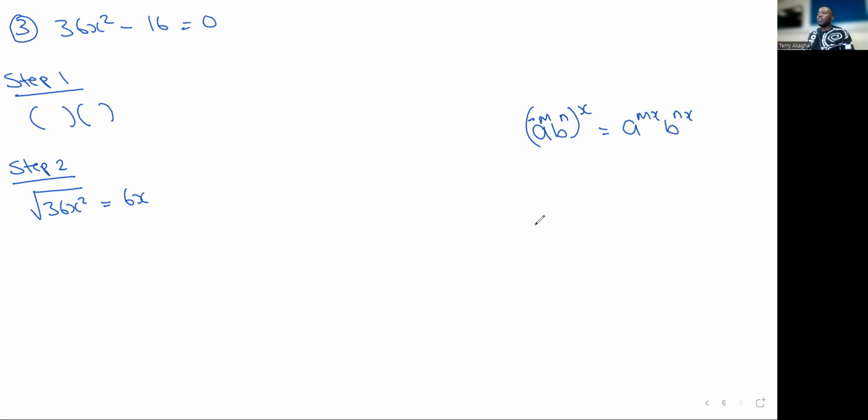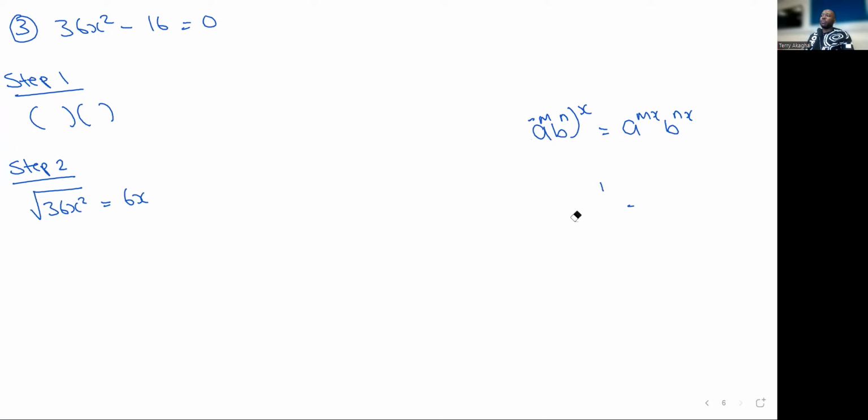So we can write this as 6 squared, that's 36, x squared, all raised to power, square root means what? Half. Can you see? So 2 times half will give you what? 1, and that's why you get 6x. So we've done this in the laws of indices. So it's important that you go back and review the laws of indices. It's basically the same thing here, all right?